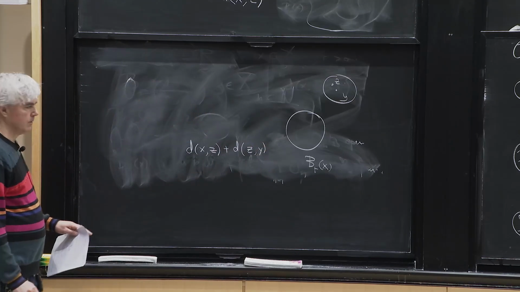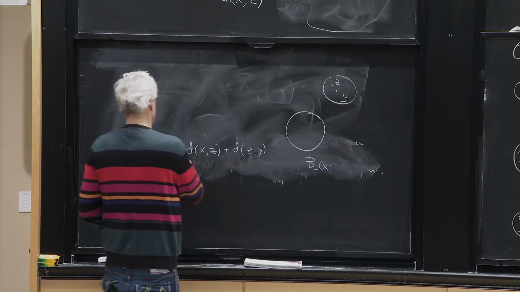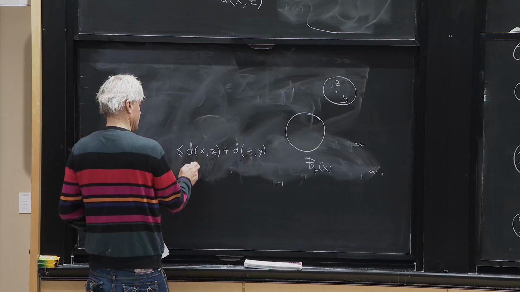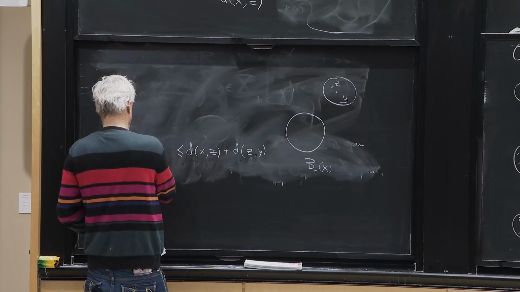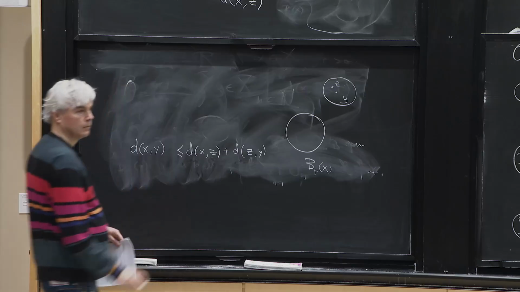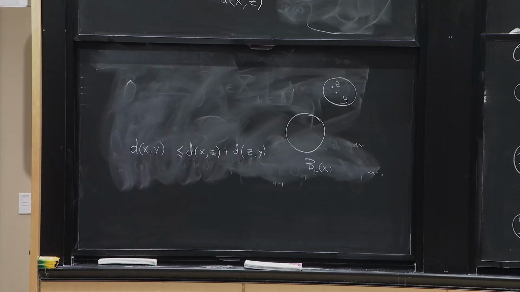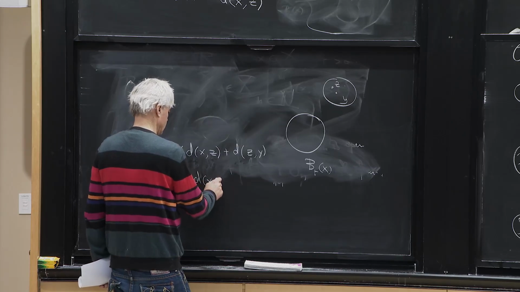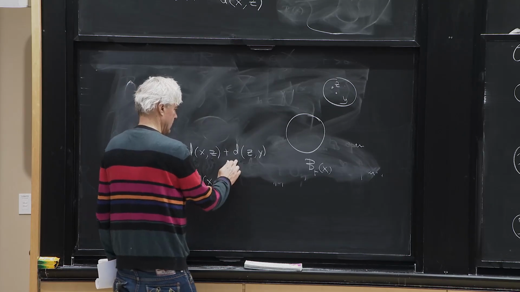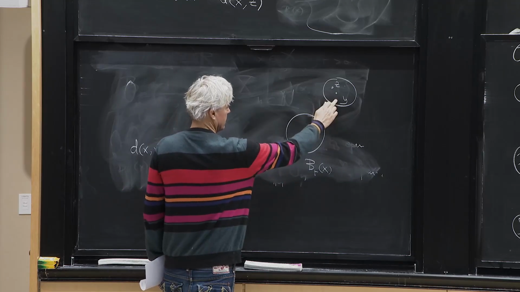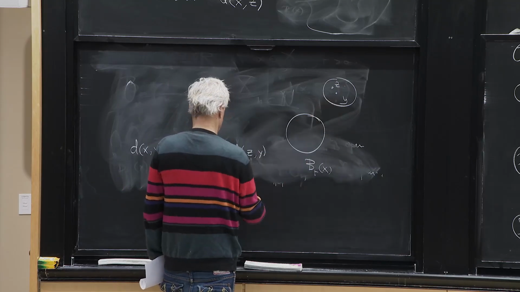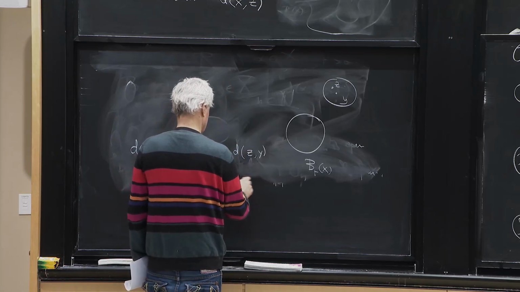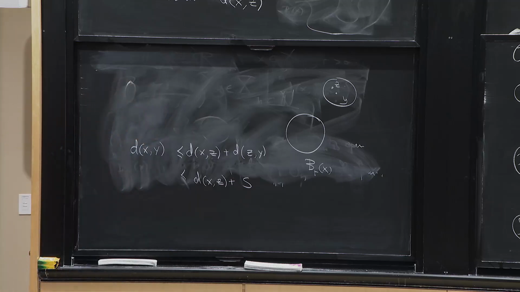So by the triangle inequality, d(x,y) is bounded by the distance from x to z plus the distance from z to y. I know that this last one is strictly less than s, because z is in the ball of radius s around y.